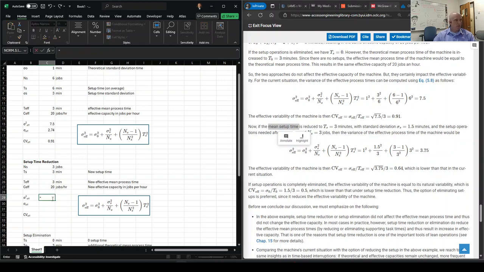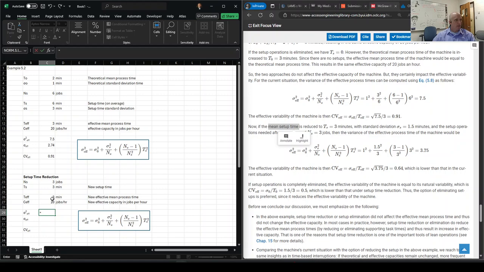So what is this equal to? Again, we're going to take the theoretical standard deviation of the theoretical mean process, which is 1 squared, plus the standard deviation of the setup time, which is 1.5 minutes.